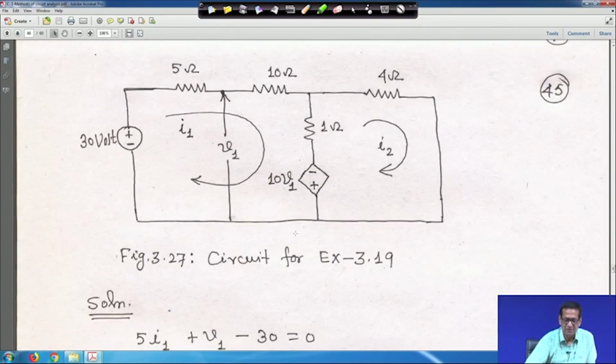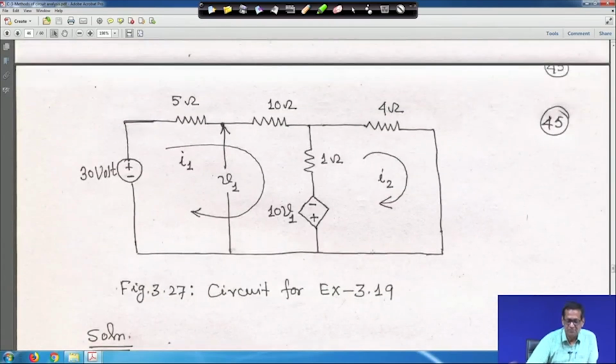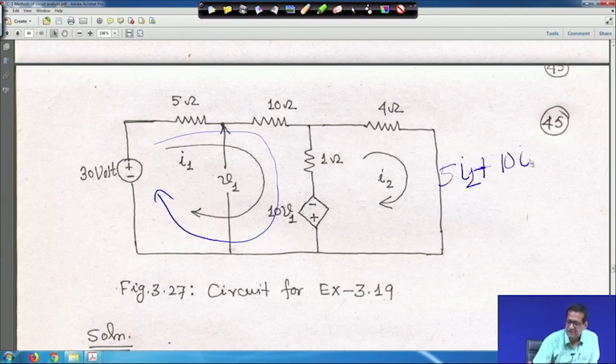Now you apply KVL in mesh 1. If you write KVL here, look how we are writing. It is 5 I1, and 5 and 10 are in series, so basically 15 I1, plus 10 I1, then plus this current is I1 in this direction and I2 is going this direction, so it is 1 into (I1 minus I2).